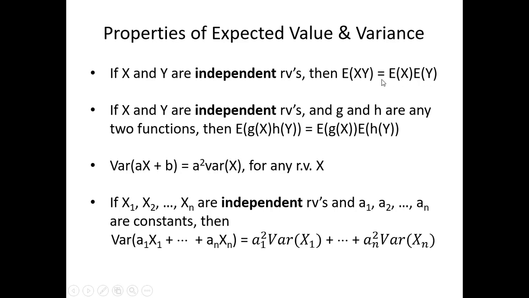But this depends on independence. That other item I was talking about, expectation of a sum, does not depend on independence. It's always true. But here, if I have x and y independent, then we get this very nice property.